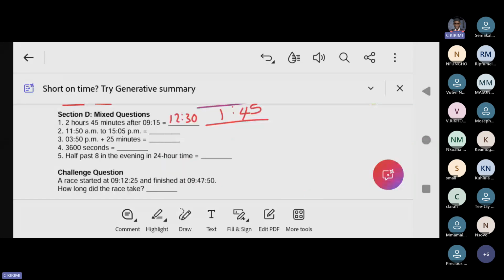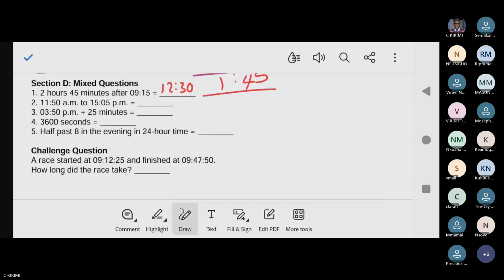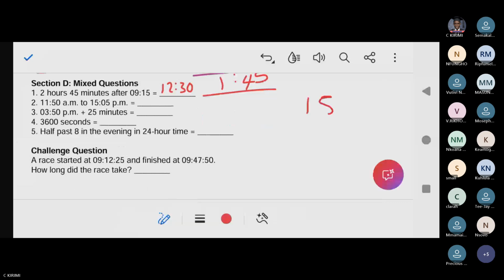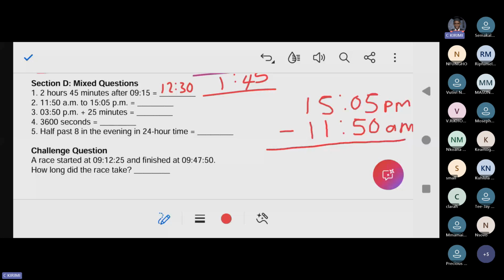It's 15:05 p.m. minus 11:50 a.m. So this is PM. The other one is AM. Anytime before noon or midday, it's AM.